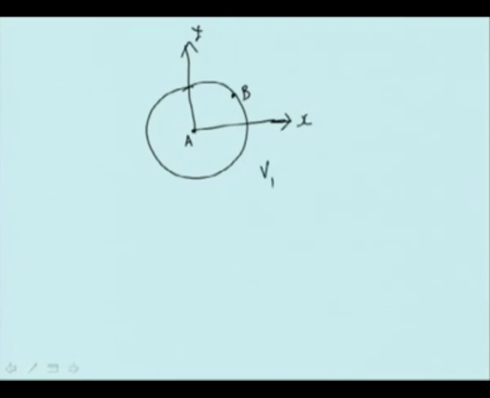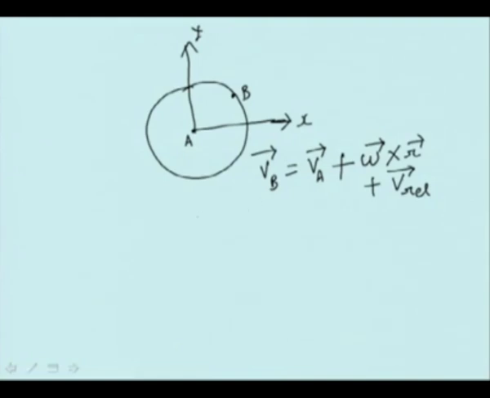The velocity of B is equal to VA plus omega cross r plus VL.